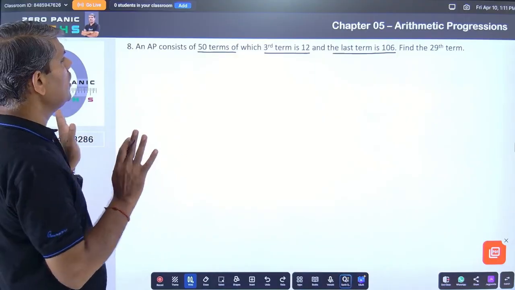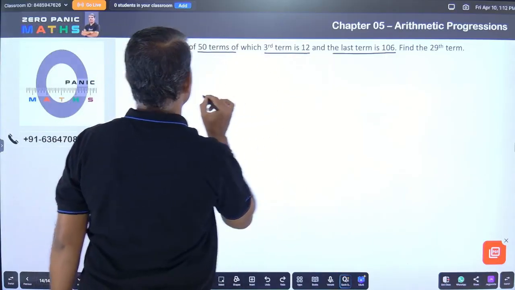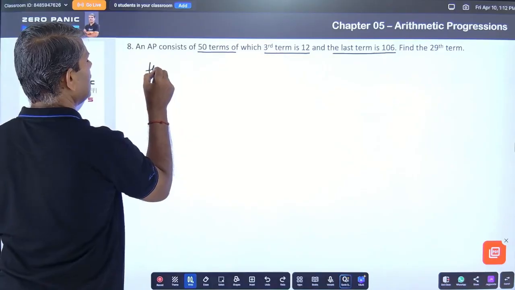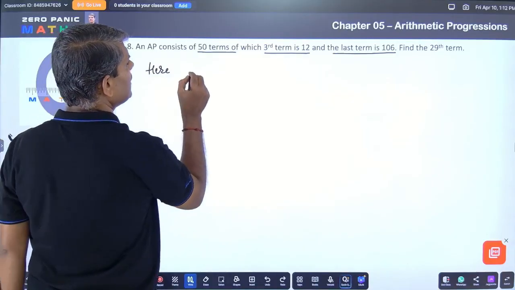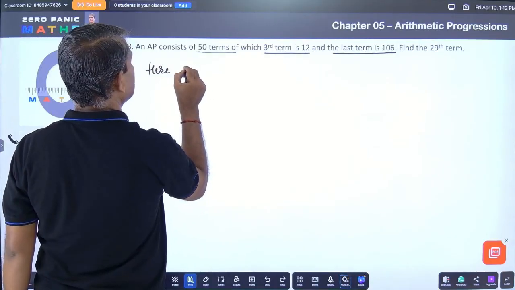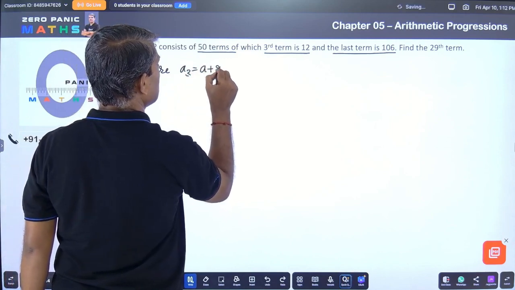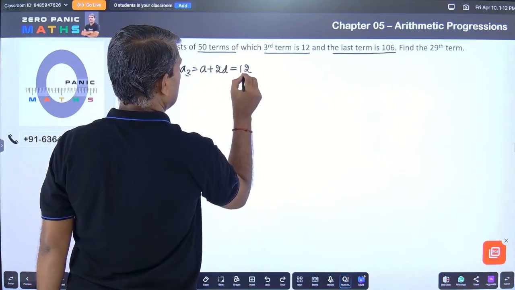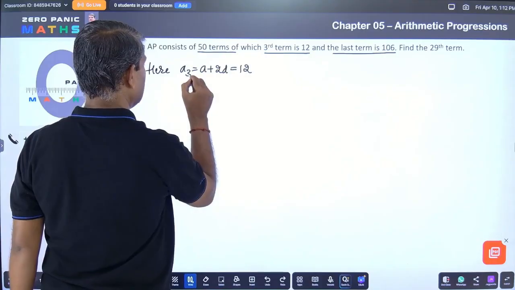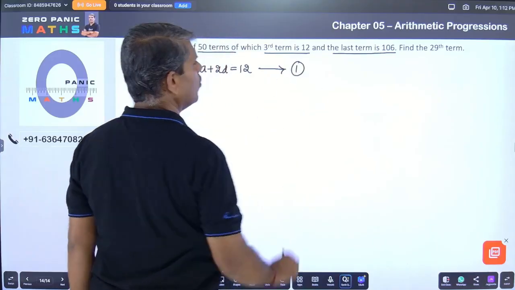First you need to check it. Here the third term is given. What is the third term? Third term is A3, and that is equal to A plus 2D, which is equal to 12. Let us write that as equation 1.